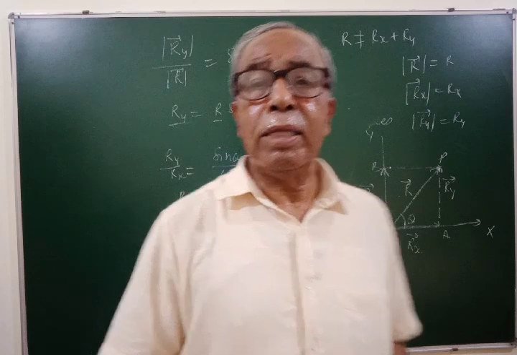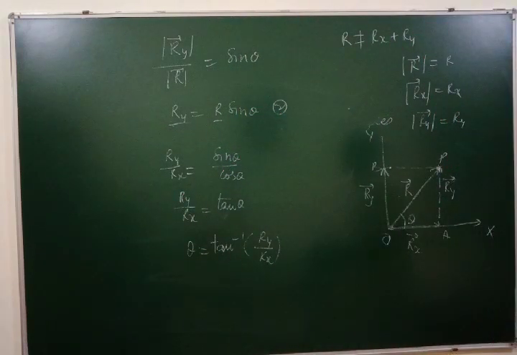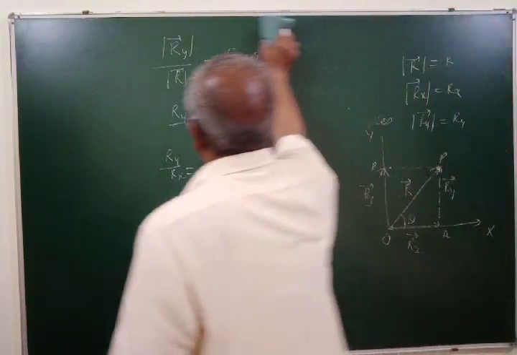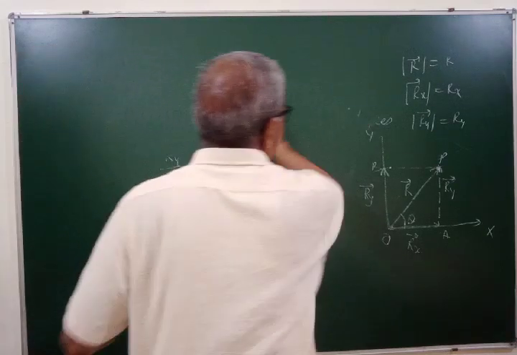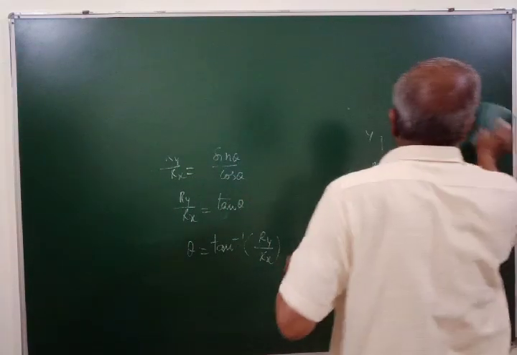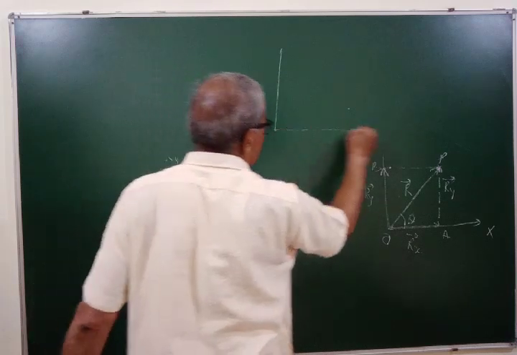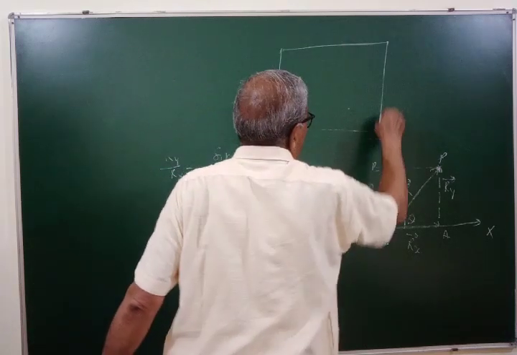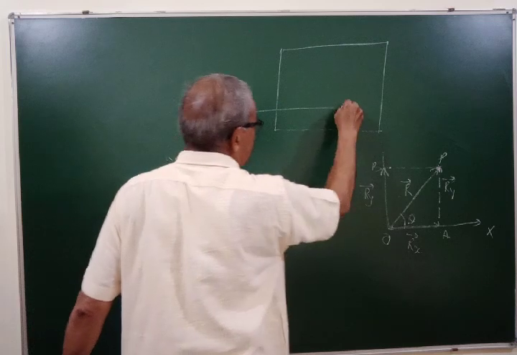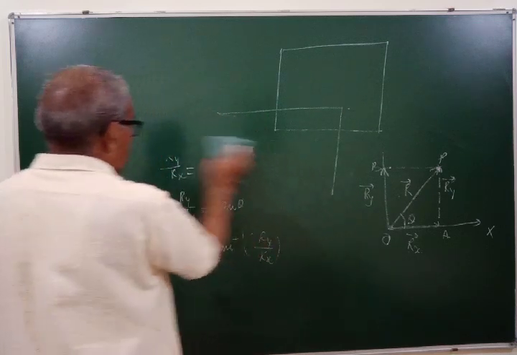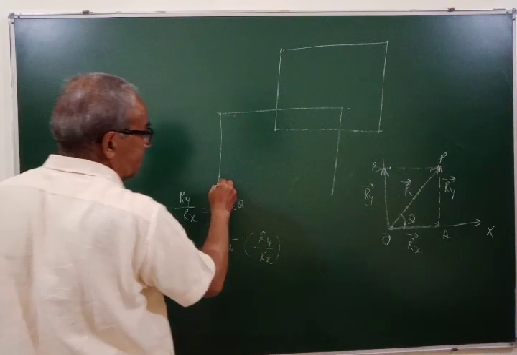If vector R is a three-dimensional vector, it may have a z component also. So if I think like this, here we have a cuboid formed.